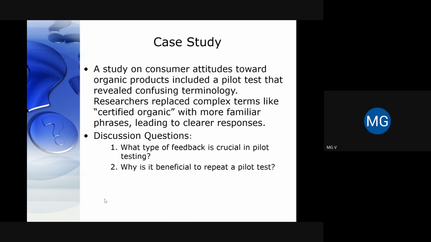Suppose you have conducted a pilot testing and some of these respondents suggested some changes, and you revised your questionnaire, and then again you conducted pilot testing. So it confirms the revisions have addressed prior issues. If you conduct pilot testing and you get similar feedback that you got after the first pilot test, it means you were still not able to improve the quality of the questions.